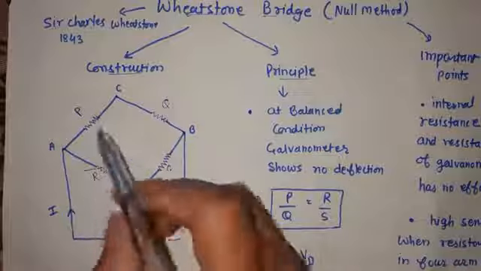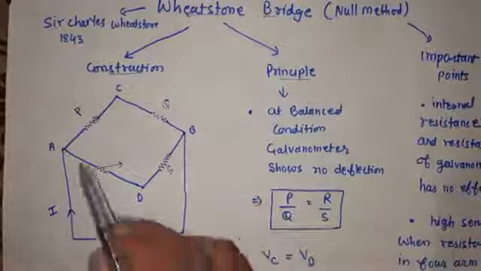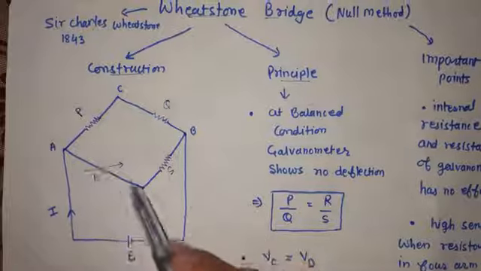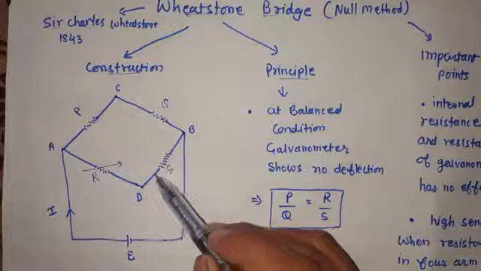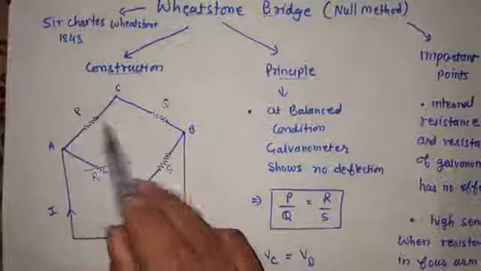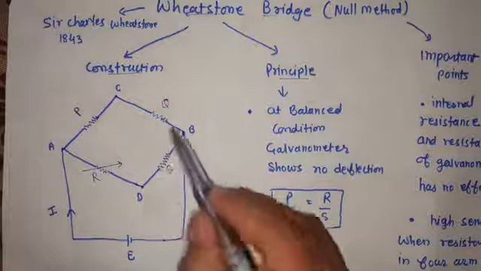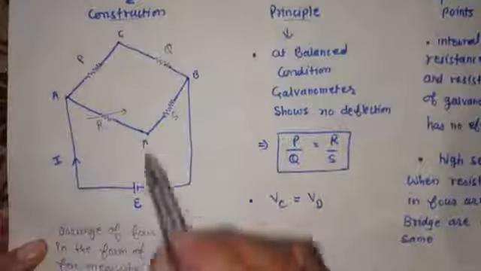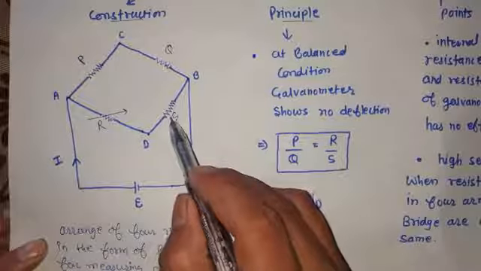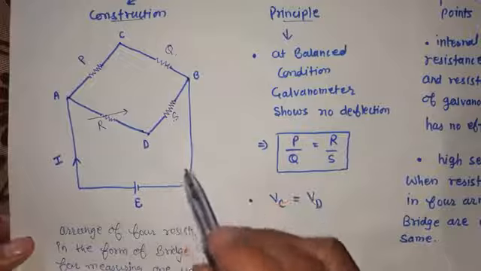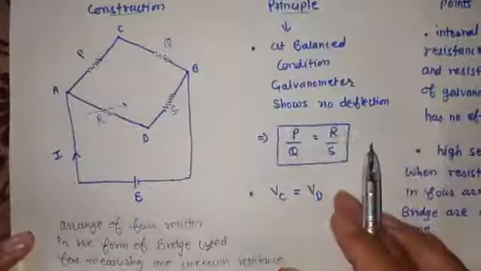So here there is an arrangement of four resistances in the four arms of the bridge. With the help of this we can find one unknown resistance, and therefore it is called the Wheatstone bridge.